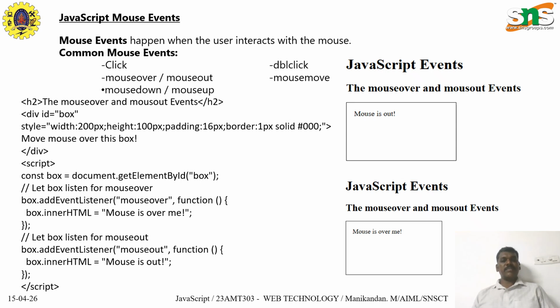If we mouse over that div box, it has to display that the mouse is over me. While we are hovering the mouse on the div box, it will say the mouse is over me.